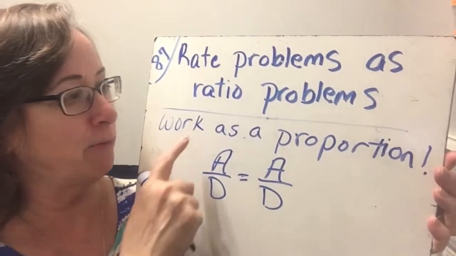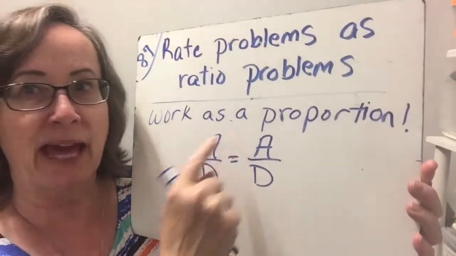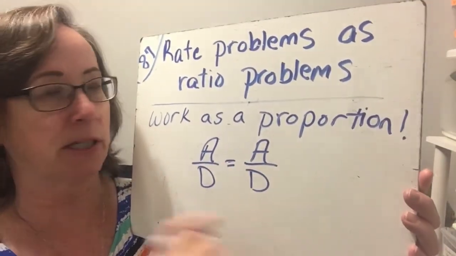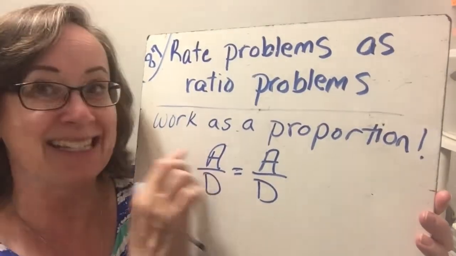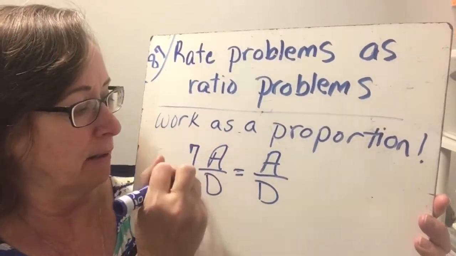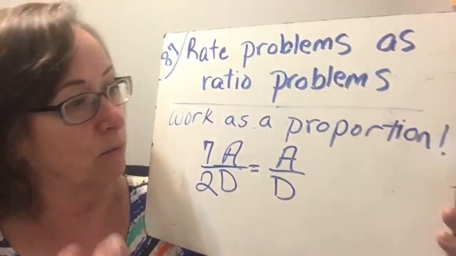Now we're going to talk about one more way that we can think about ratios. The other way is, what if we worked it as a proportion? Suppose we start with apples to dollars is apples to dollars. Now we know in our problem that we had 7 apples for $2 was our ratio.